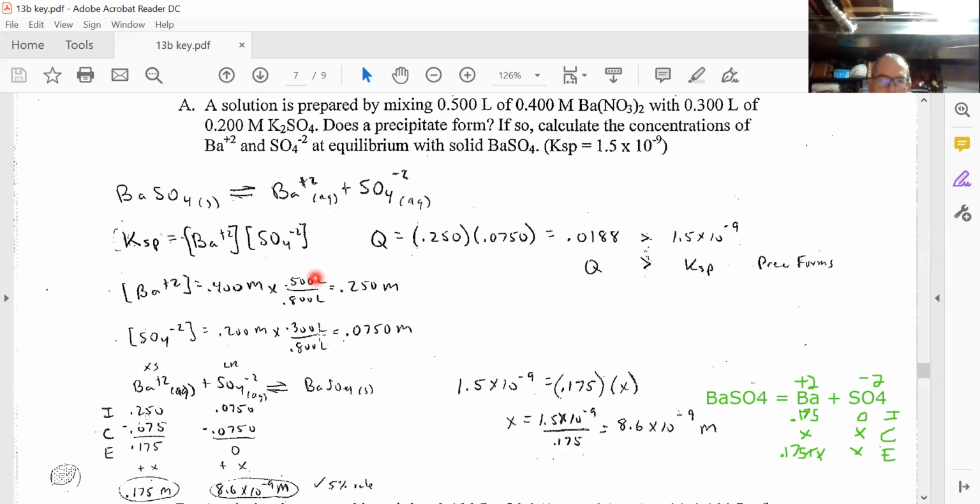Notice it's a little fancy work to get the right molarities for this, but on occasion you could be asked to go deeper, and this is what you would need to do to figure out the Ba2+ and then the SO4 2- concentration right here.